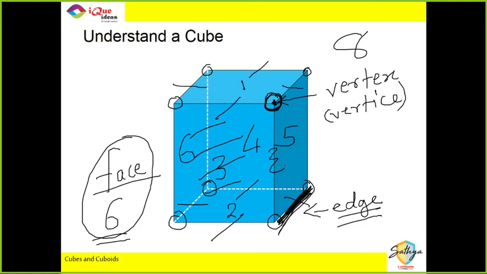And then the sides 9, 10, 11, and 12. So in a standard cube or cuboid, there are a total of 12 edges. We have 6 faces, 8 vertices, and 12 edges. Did everybody understand this? Got it?